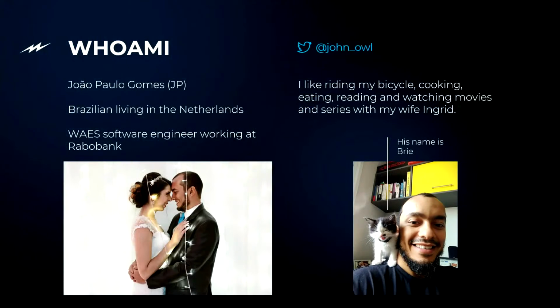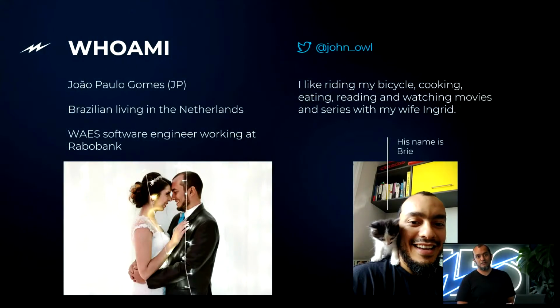But first, let me introduce myself. My name is João Paulo, but you can call me JP. I'm a Brazilian living here in the Netherlands since March of this year. I'm a WAES software engineer working at Rabobank. Rabobank is one of the biggest banks here in the Netherlands.